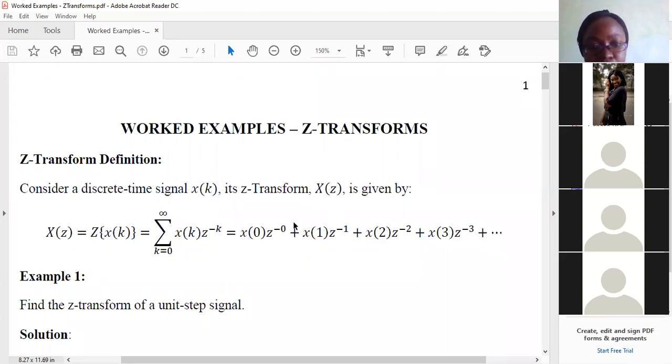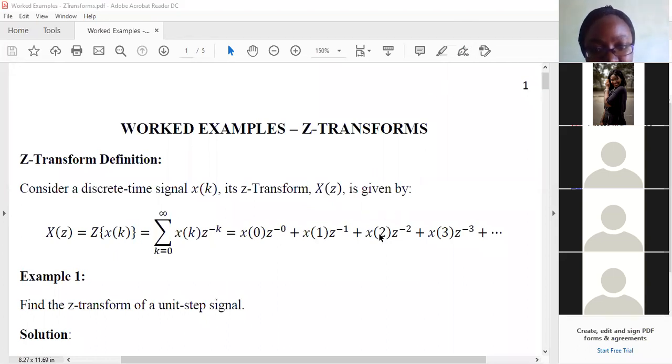So when k is equal to 1, you simply substitute 1 into this, and you substitute 1 into this. And remember, you are summing. So that's where this summation comes from.